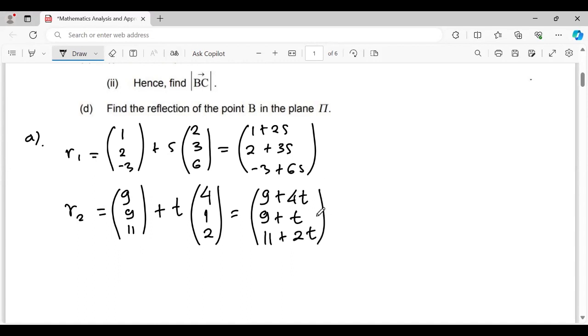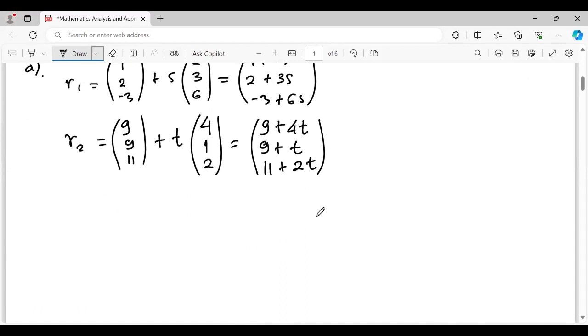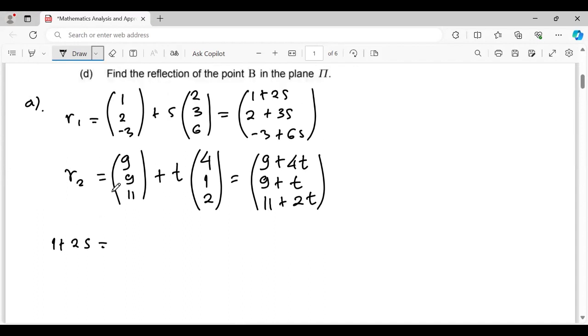Then we're going to find the values of S and T. So the first equation: 1 plus 2S equals 9 plus 4T. We can write this as 2S minus 4T equals 9 minus 1, which is 8.